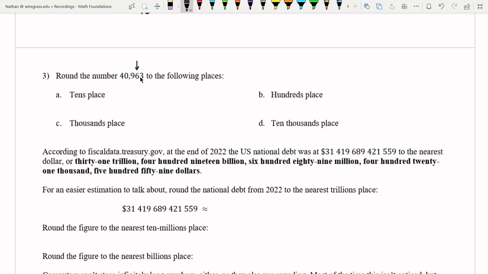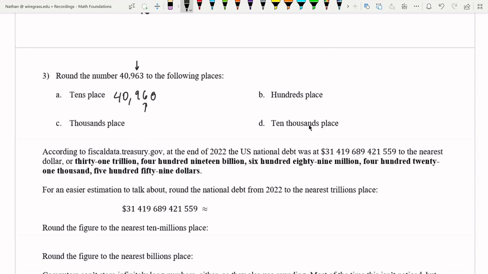So we are not going to round this up. So we have 40,960, where we make the test digit and everything to the right of it 0. So this is rounded to the tens place. You can see that the tens place is the last non-zero number for whatever's written there. Everything else would be zeros. Of course, there's only one number in this case.